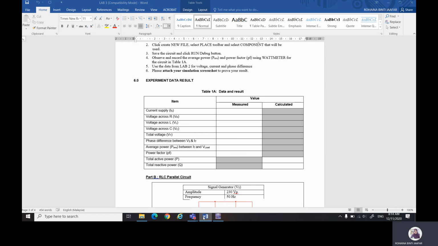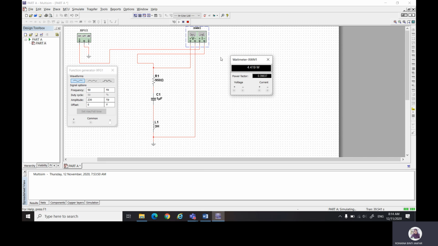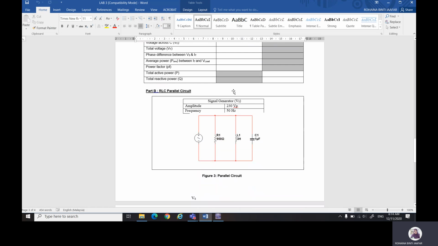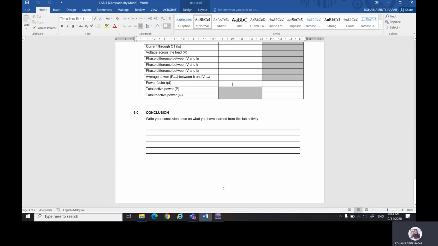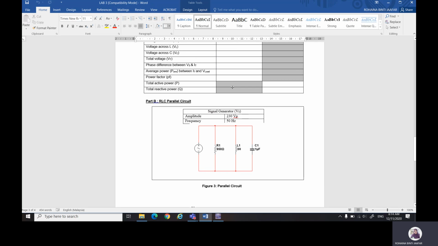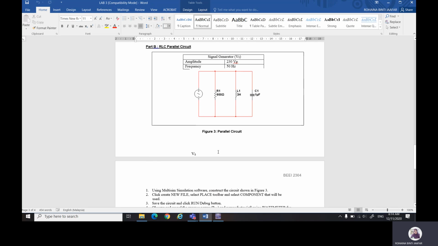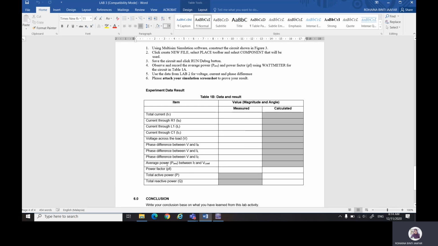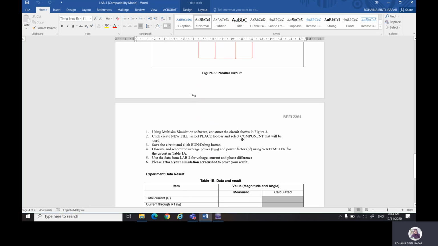That is how you do the connection of the wattmeter. It is the same for the parallel circuit. This is part B, to measure the average power between I total and V load.